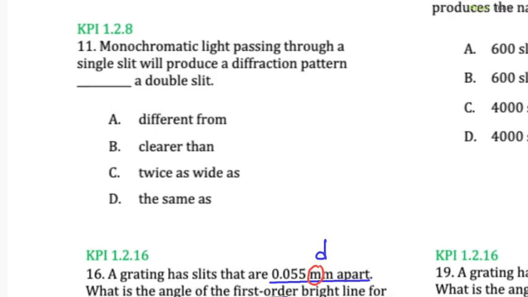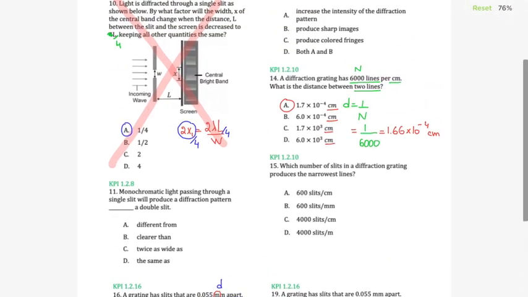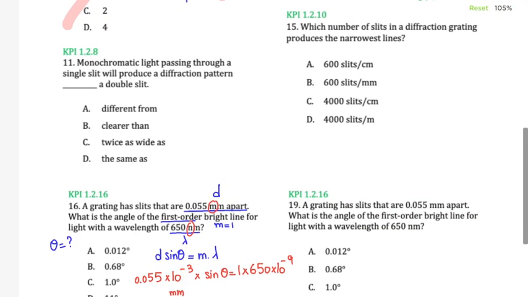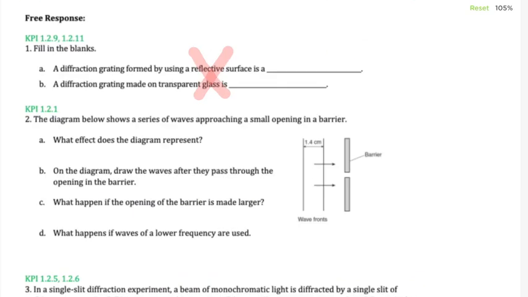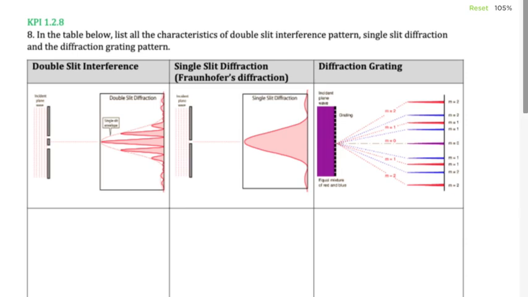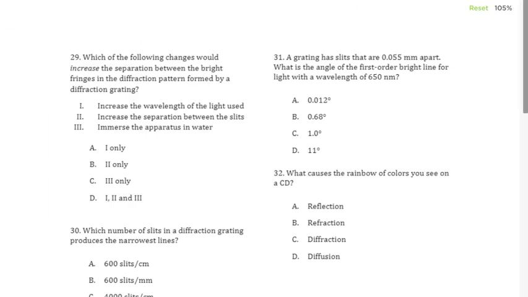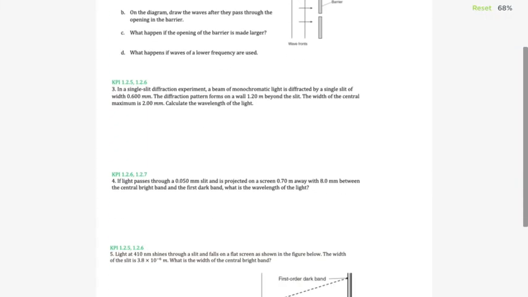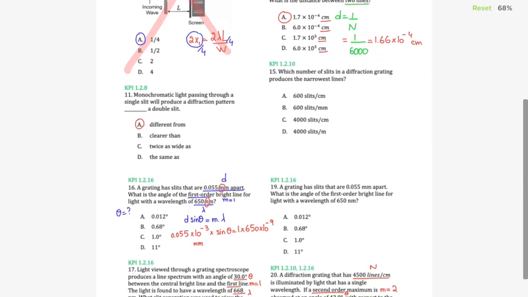Because on the double slit, the central bright band is not double in length and width, so they will be different, and eventually we can see them here. They're two quite different patterns.